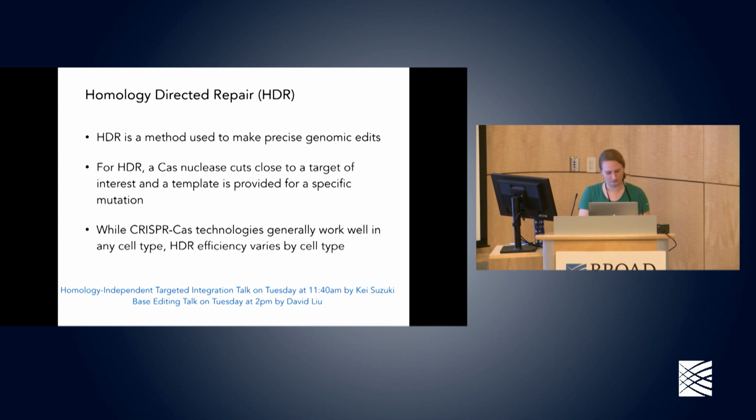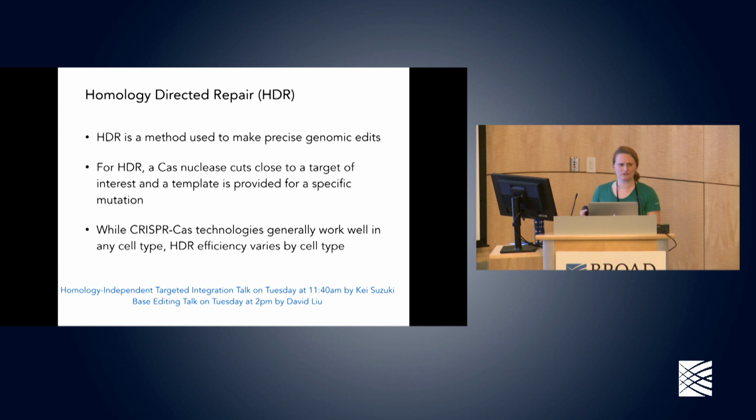One of the key things that I'd like to highlight before I go into a little bit more about doing HDR experiments is that CRISPR-Cas technologies generally work quite well in many different cell types. However, it's very key to note that HDR efficiency really depends on your cell type. You might have cutting events that occur, but HDR can often be the bottleneck when doing these experiments.